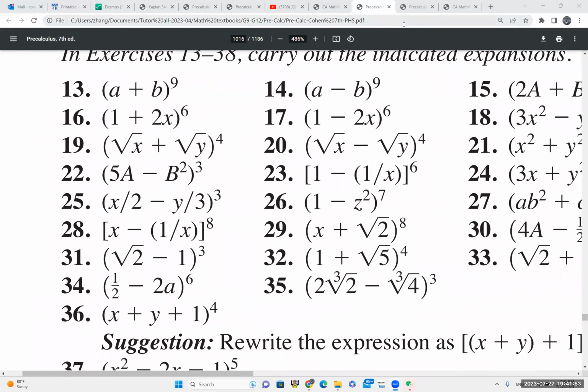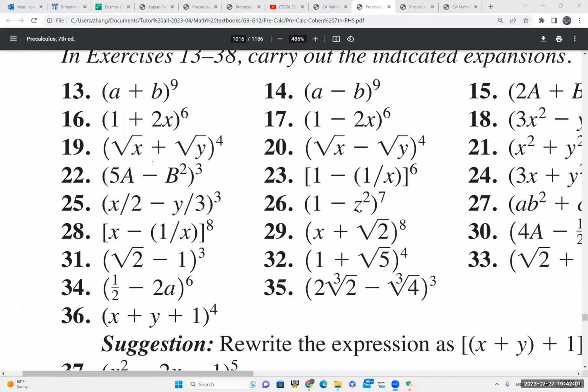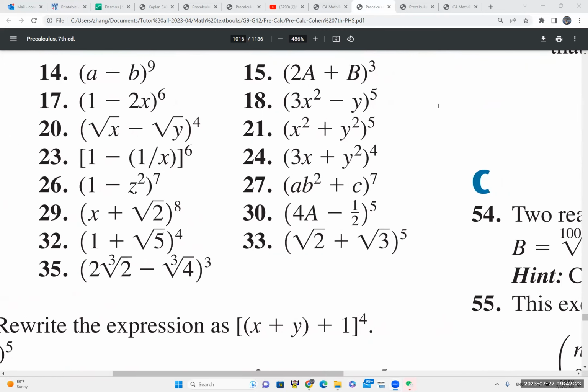For example, 13. Oh no, 13 is too easy. I don't want it to always be one of A, one of B. So at least we should do 16. Let's do 16. Or even 17, because here there is a negative. Yeah, 17.